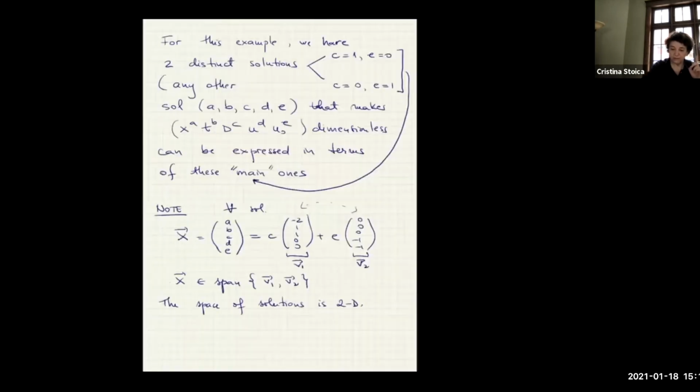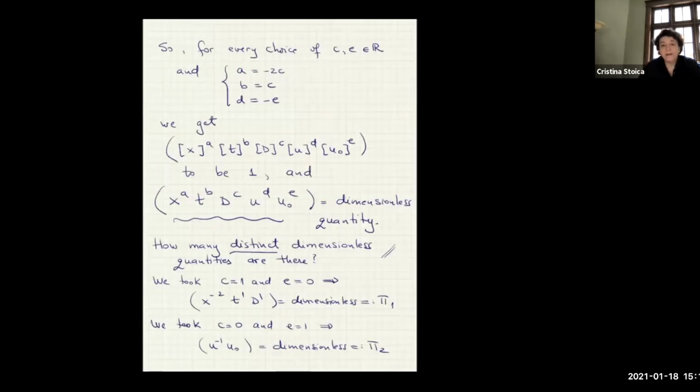So we stopped somewhere here. What we did: we took the law, we found the dimensions that make it dimensionless. We discussed how many distinct dimensionless quantities there are. And we know that there are just two, because that's the dimension of the space of solutions of the linear system that we had to solve. Okay, it's a mouthful, but that's what it is.